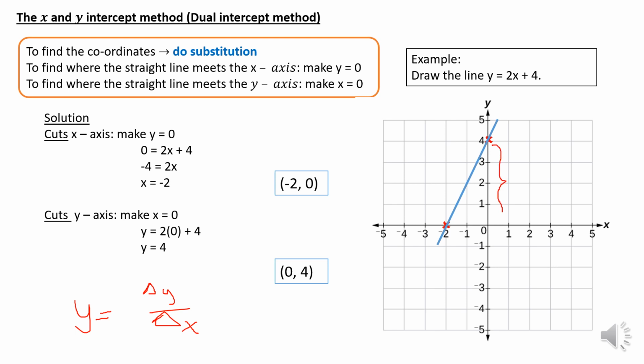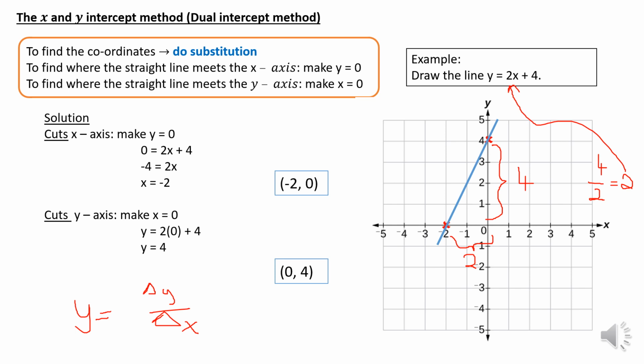Now, the gradient is that distance there, which in this particular case is just 4 units, divided by this particular distance here, which is 2 units. Can you see that? The gradient, therefore, is going to be 4 divided by 2, equals 2. And you can see that that is the gradient right there.